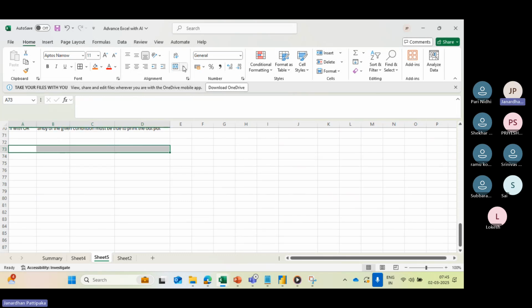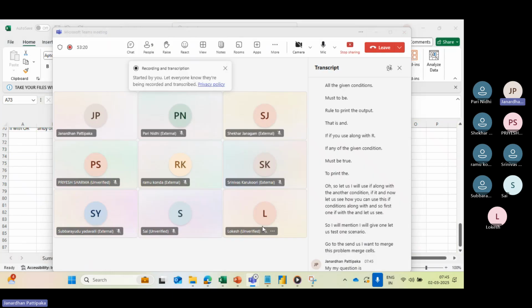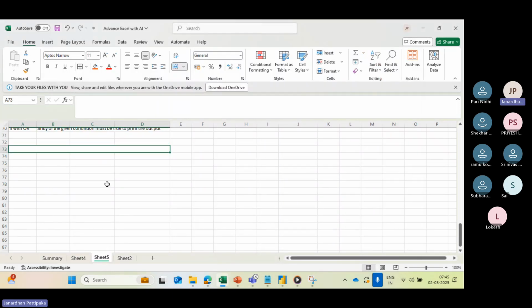Go to this and I want to merge this column, merge cells. So my question is, I want to find the students who are having above 60% in total marks and above 55 in maths.